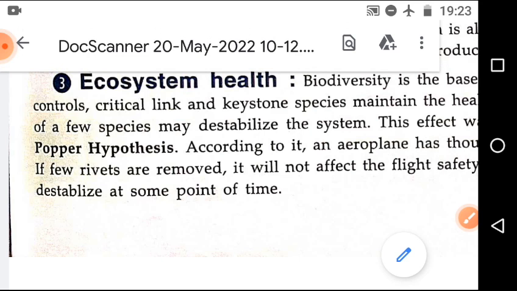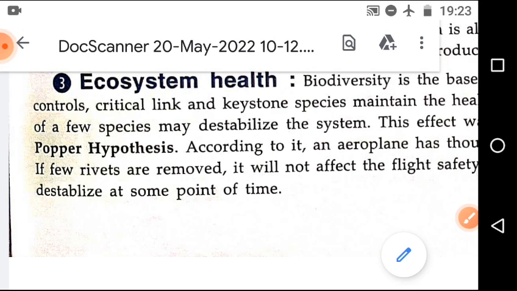Keystone species is such a species without which the other species are going to be endangered. So normally keystone species are those species whose extinction can lead to extinction of other species as well. That means that species is very important for the survival of the other species indirectly.